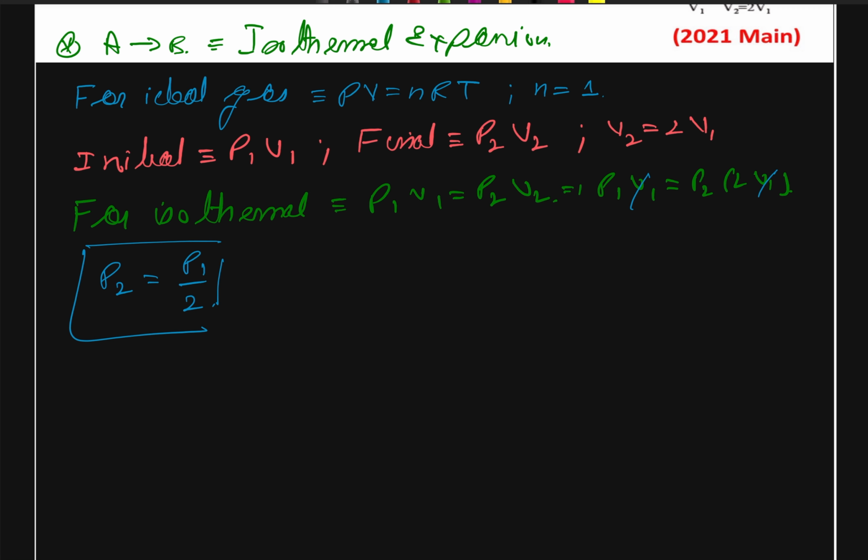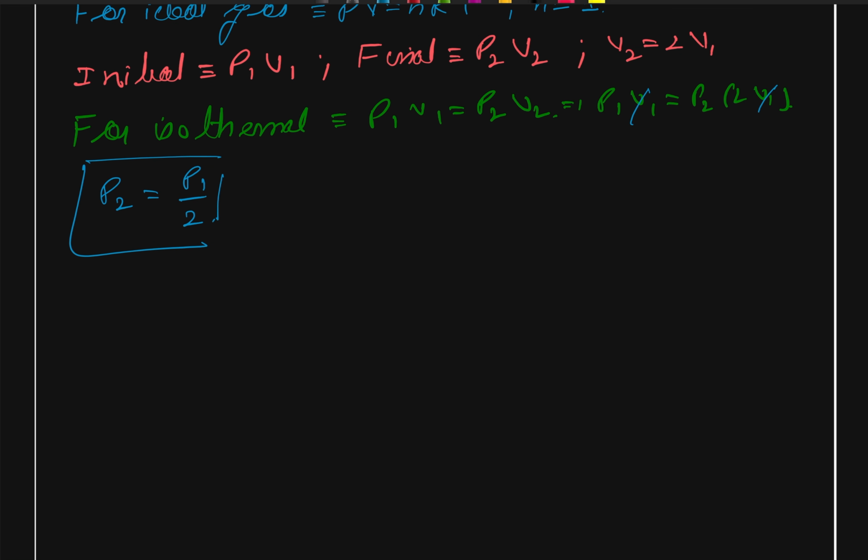And now we can use our work done formula. So we can say our work done for AB, we can write this as WAB, which will be equal to nRT natural log of V2 upon V1.